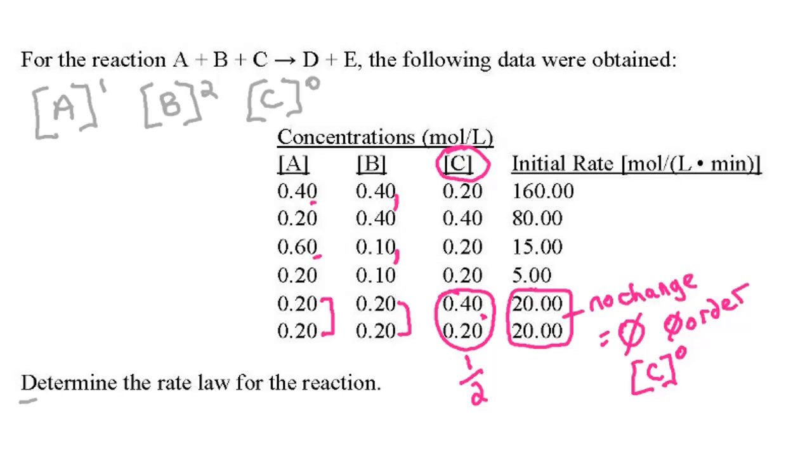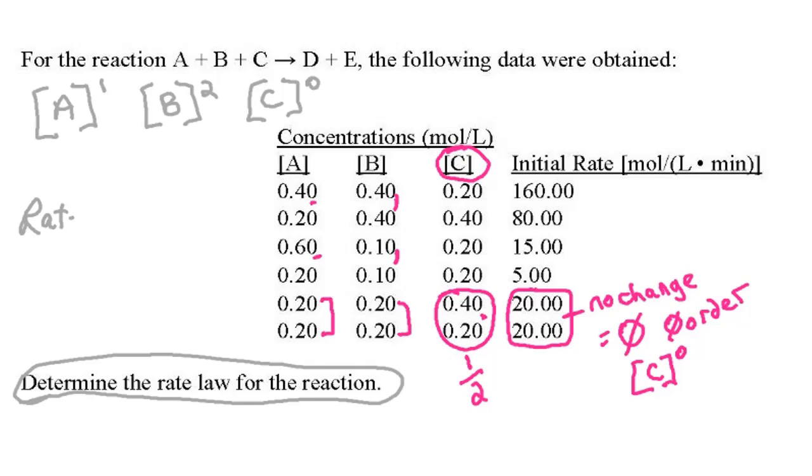Now the question says determine the rate law for the reaction. And remember, rate equals K, and then the concentration of A to the n, and n is whatever order it is.